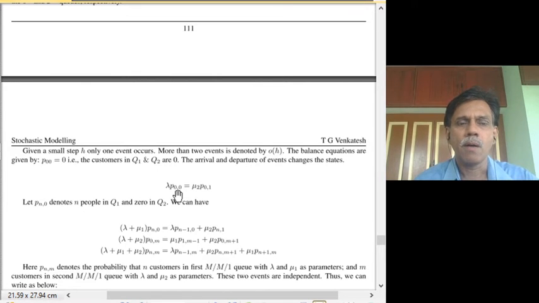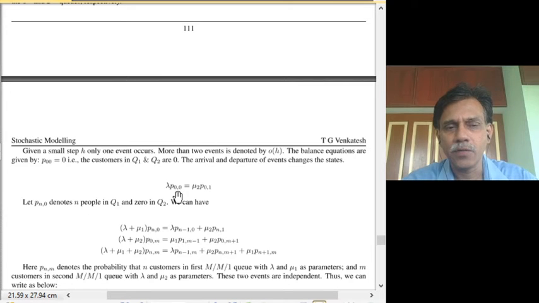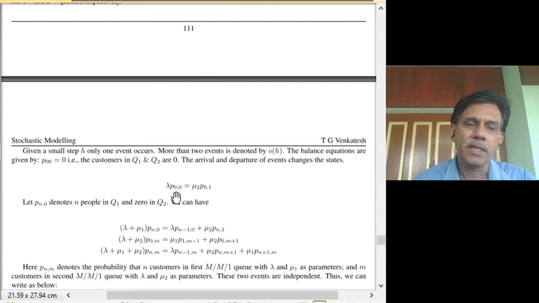If you look at the detailed balance condition between the 00 state and the 01 state, the balance equation reads as follows, because the only way we can leave the state 00 to 01 is by an arrival of a customer.